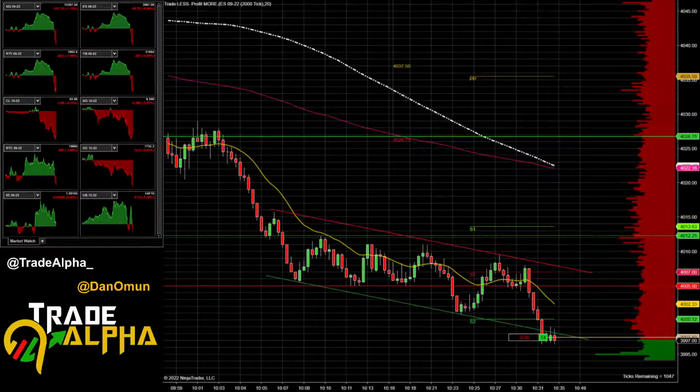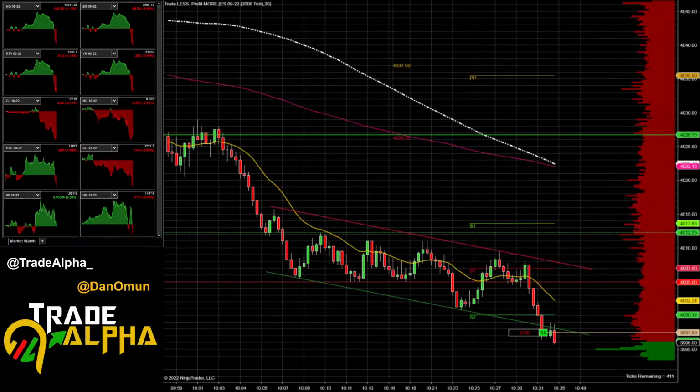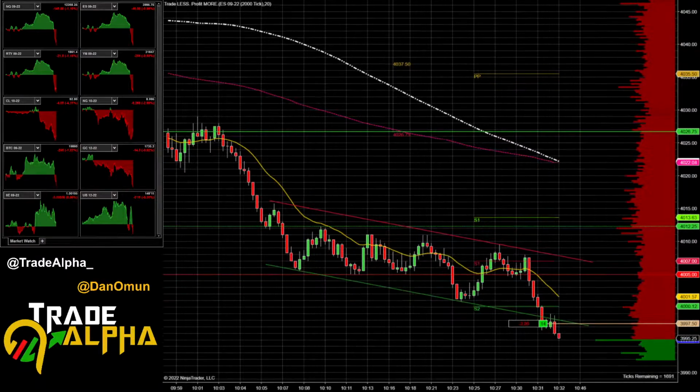Yeah, so as some of you might suspect here, my strategy has shifted from price action scalping to mean reversion. I believe that the market has come down far too sharply and far too quickly.